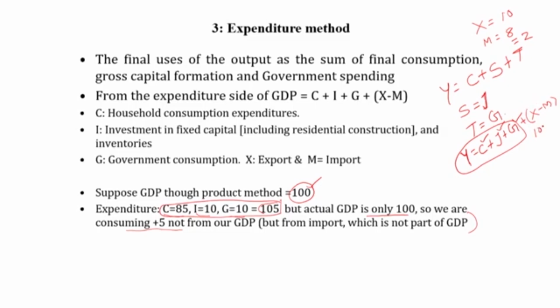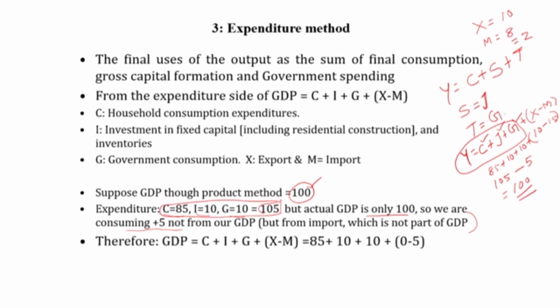Plugging all these values here, 85 plus 10 plus government expenditure also 10, you are going to get 105 minus 5. Right, so then you will be getting 100 as the GDP. So using the expenditure method, you can calculate GDP using consumption, investment, government expenditure plus export minus import.